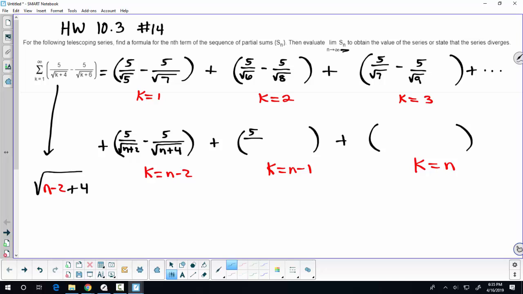What were we doing? Oh, n minus 1 in there. That's n minus 1 plus 4. 5 over root n plus 3 minus 5 over root n plus 5. And then k equals n.